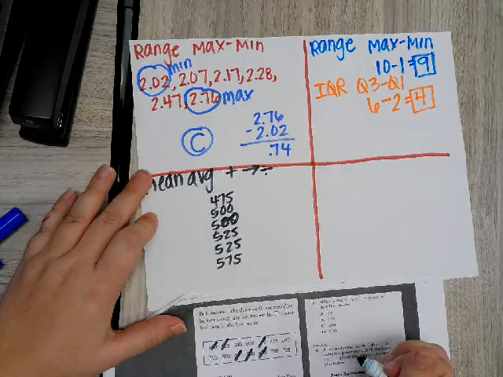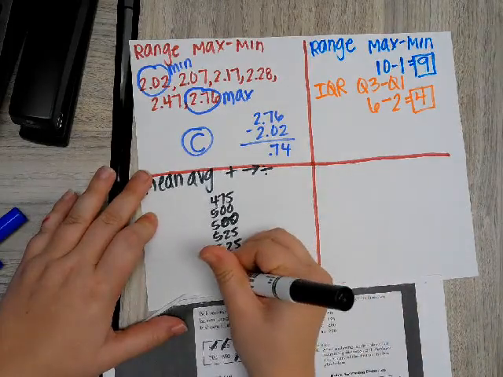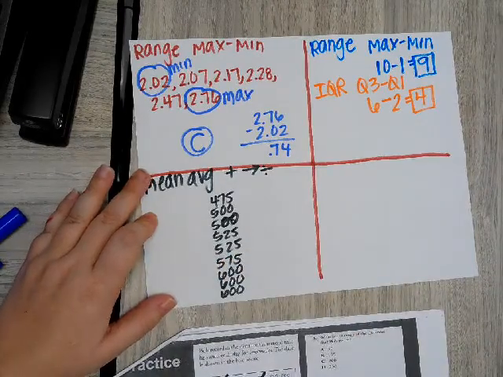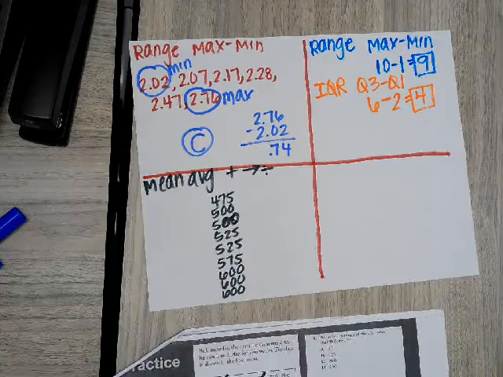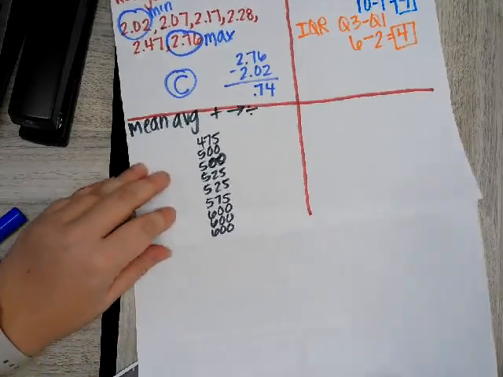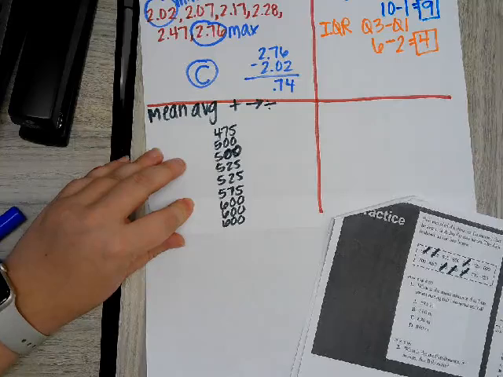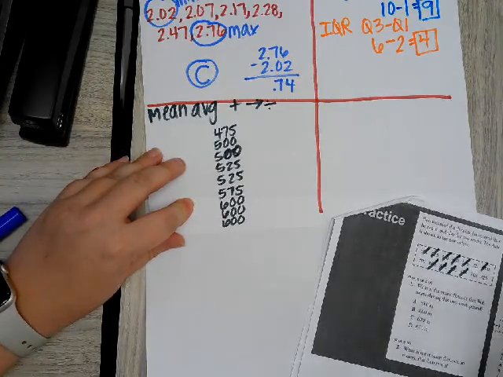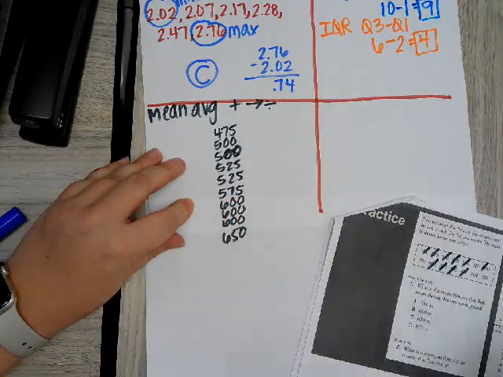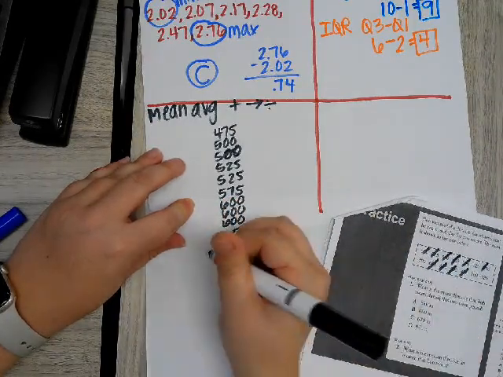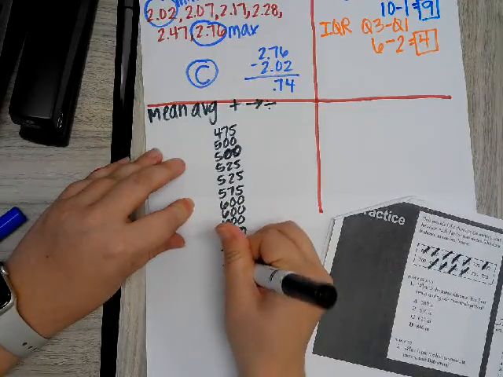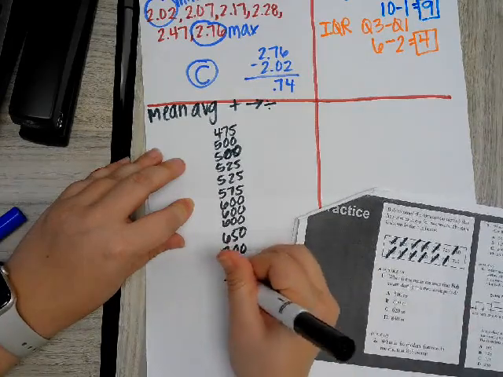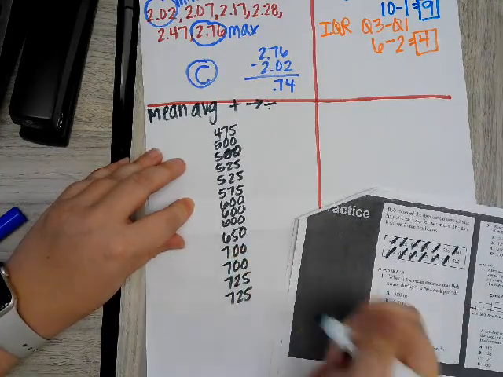Then I have three 600s. I have a 650. I have two 700s. And then 725 and 725.